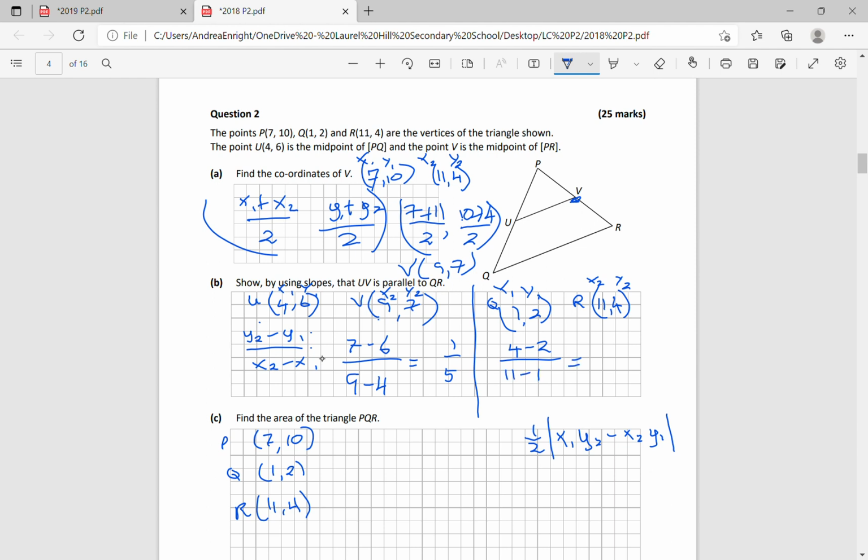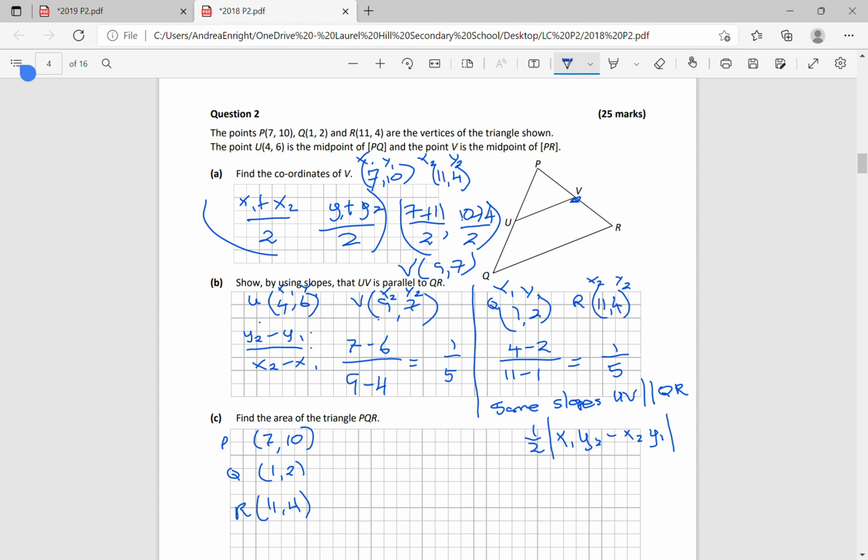Into the calculator, and that will give you 1 over 5 again. So you'd say same slopes. So that means UV is parallel to QR.